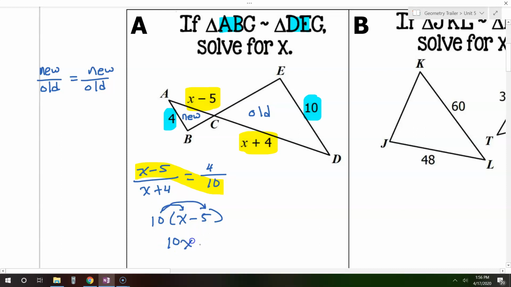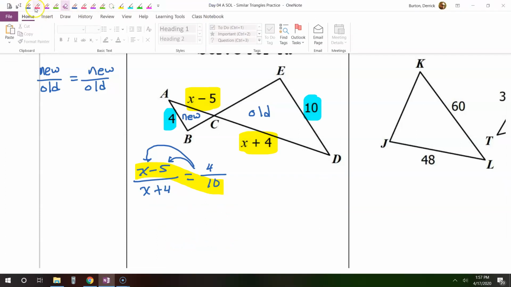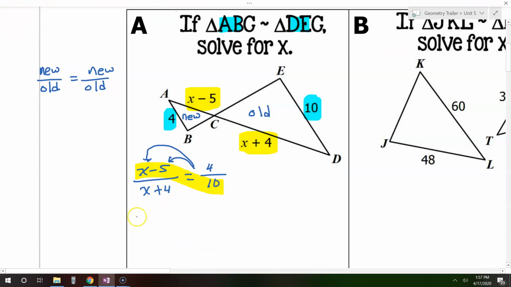So you know I'm going to end up with 10x minus 50. But normally I will not write down this step. I can just see here that this 10 is going to be doing the distributive property, so I'll just do it and put the result on the very next line. So just understand that I'm doing the distributive property, and that's why I'm getting 10x minus 50 right now.